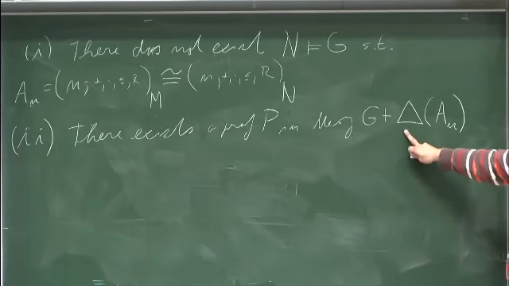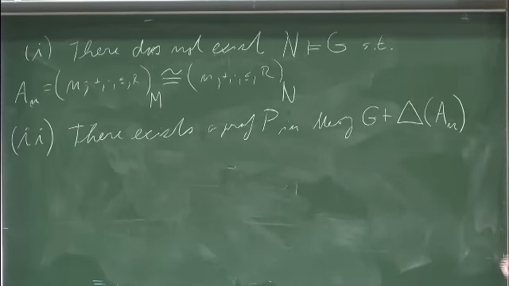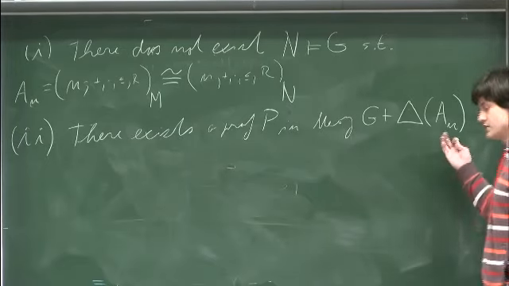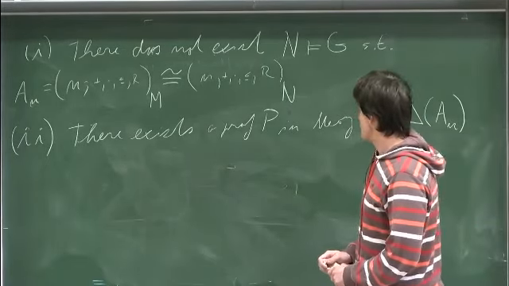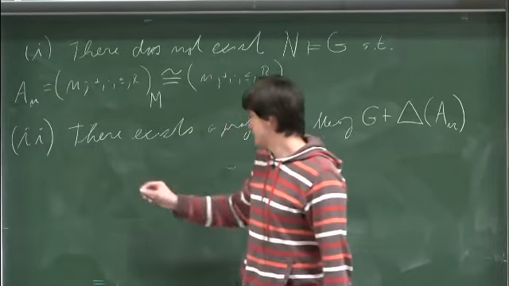Here we take all the atomic and negated atomic sentences which are true in this structure, about the elements of the structure. And this proof should have these following three properties.